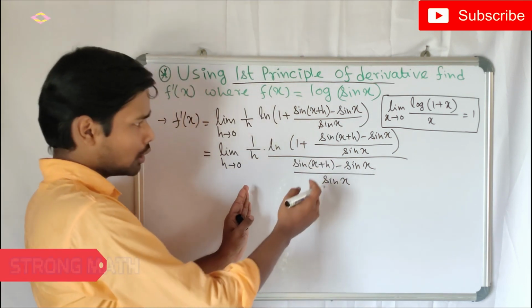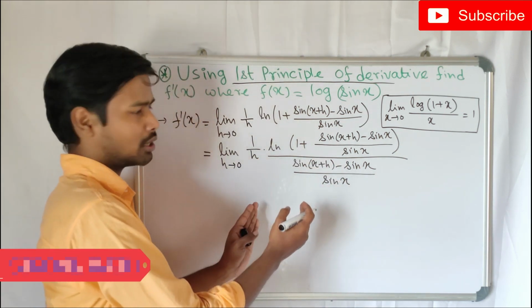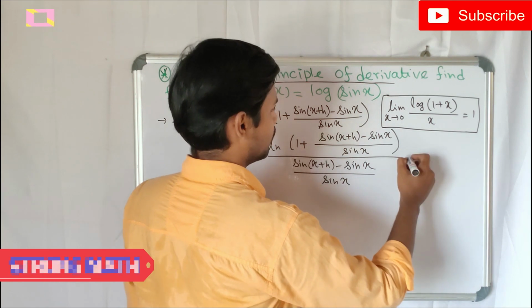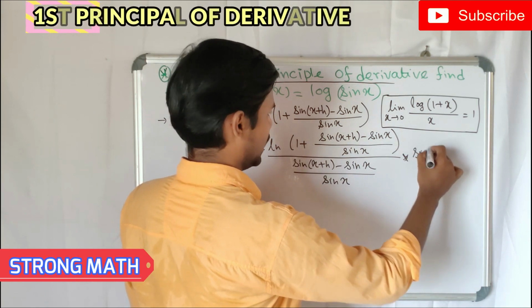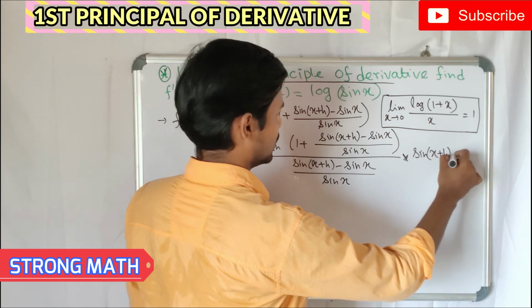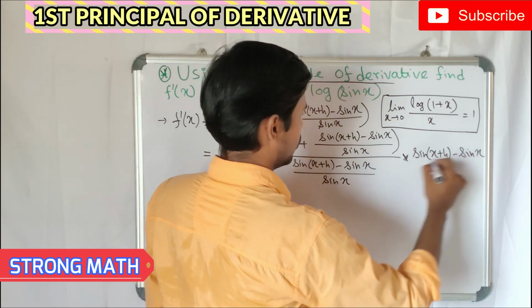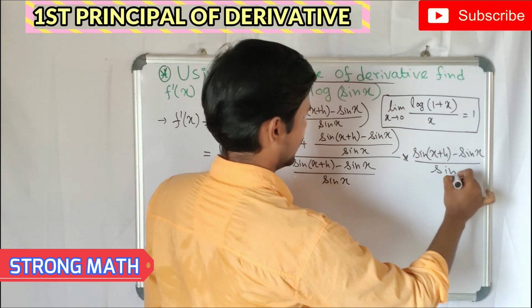So this is our extra term, so we have to multiply here to adjust by sin(x+h) minus sin x, whole divided by sin x.